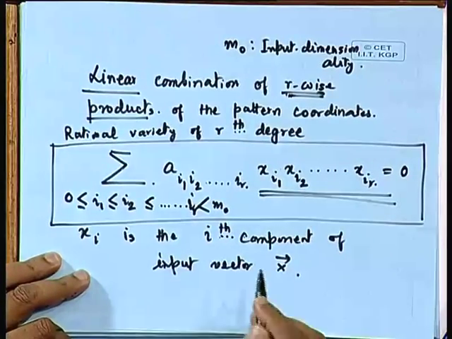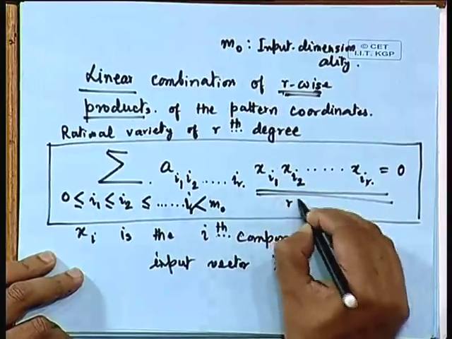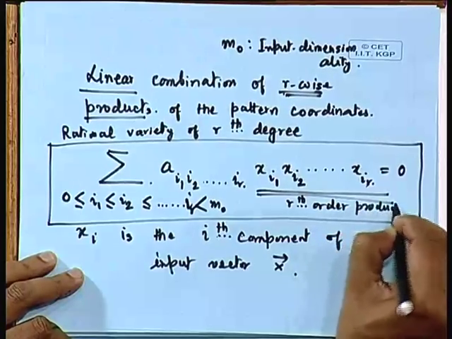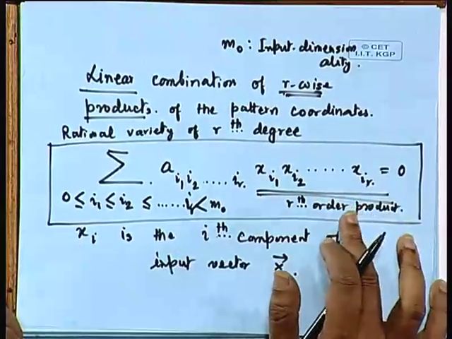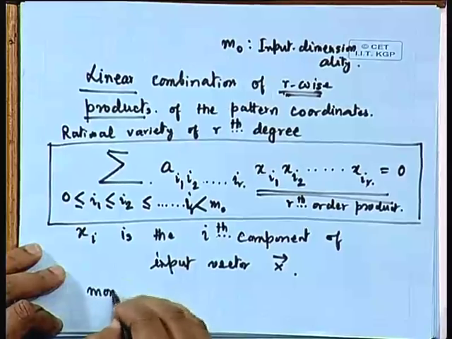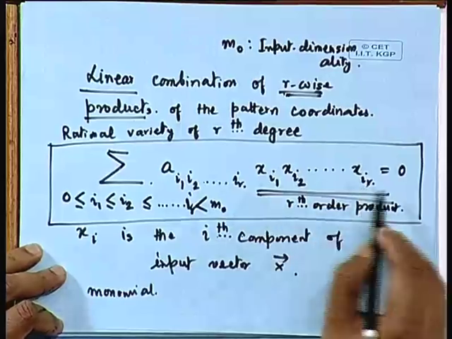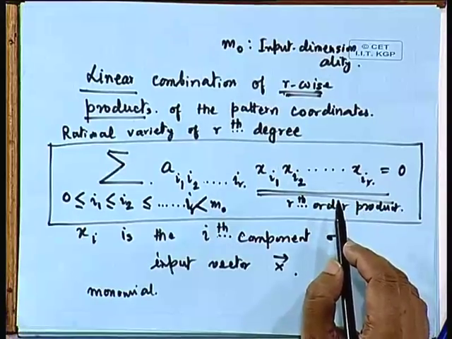So, basically it is a combinatorial problem. All this rth order product of entries, you see what I have written, xi1, xi2 up to xir, this is an rth order product. Such a product term is called a monomial.